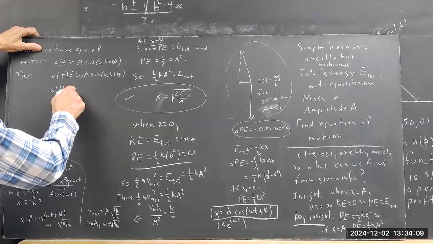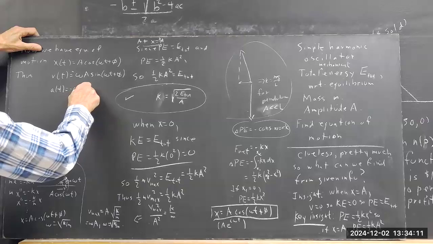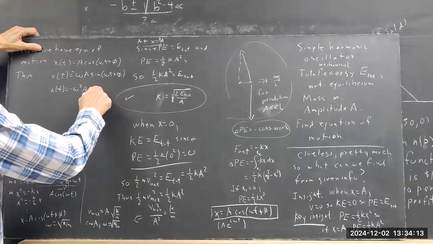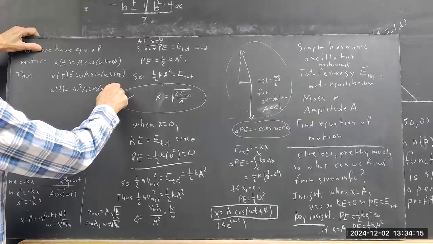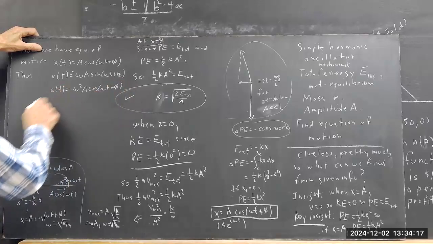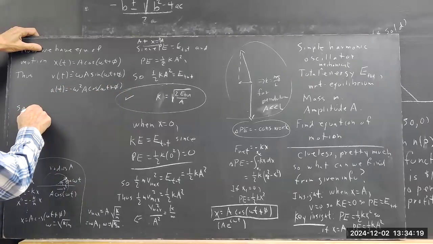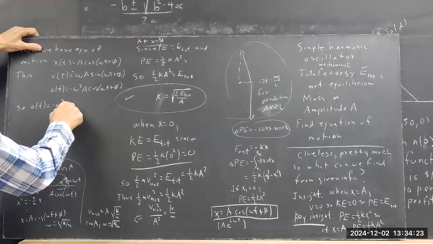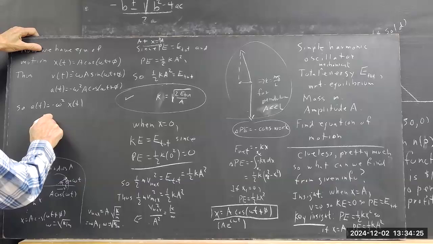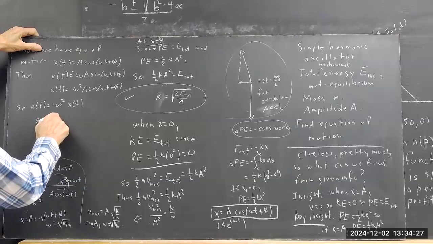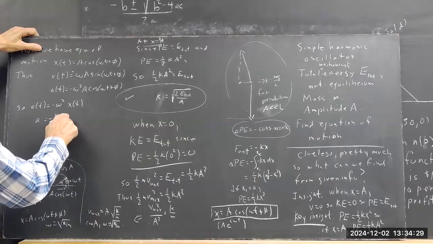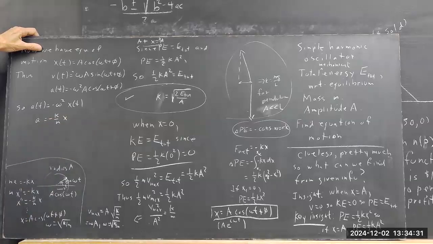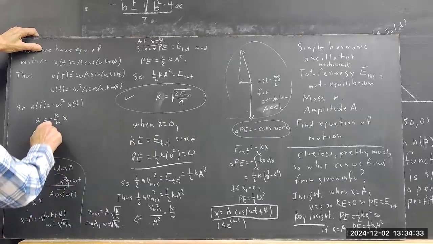Also, you have the acceleration equals negative omega squared A cosine of omega t plus pi. So among other things, a of t equals negative omega squared x of t, so a equals negative k over m x, which is what we have down here.